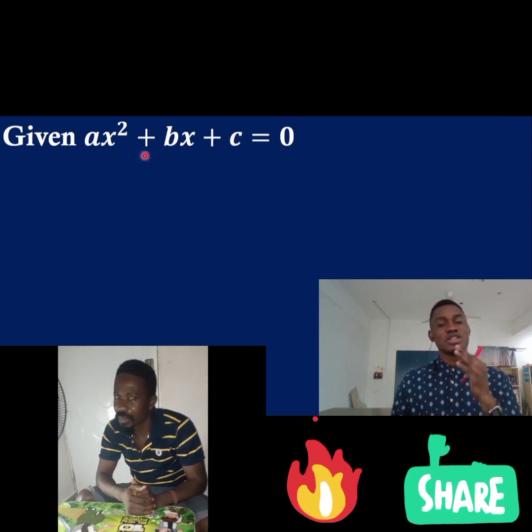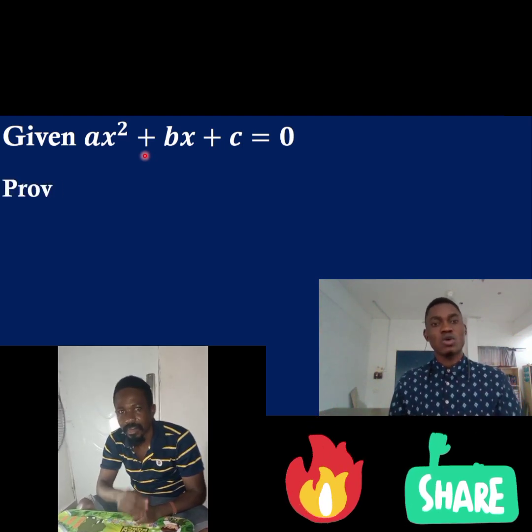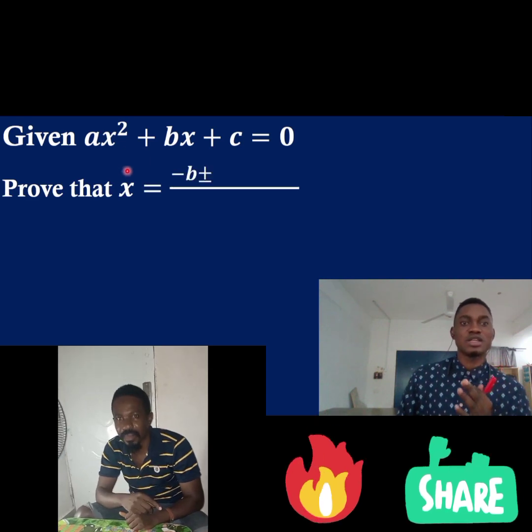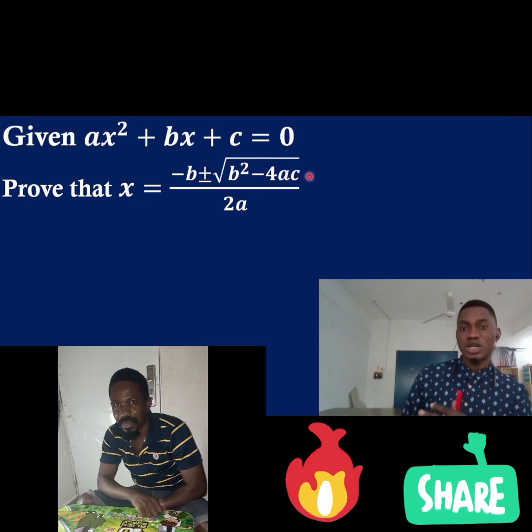Okay, we have ax squared plus bx plus c equal to 0. This is the general form of what? Our quadratic equation. We are required to prove that x is equal to minus b plus or minus root of b squared minus 4ac all over 2a.